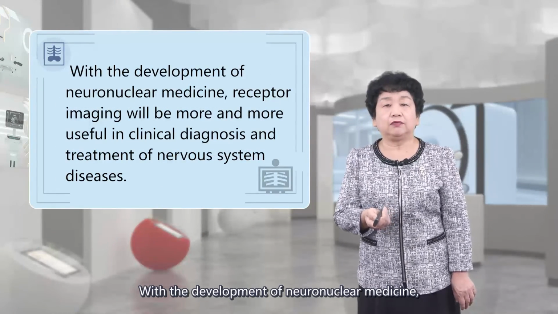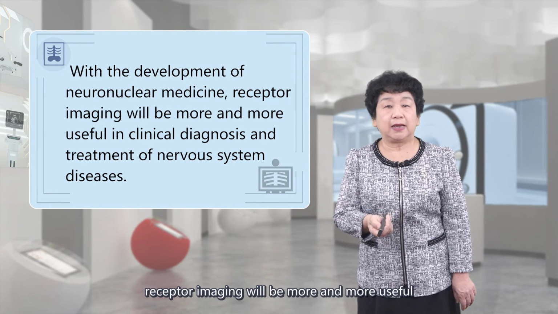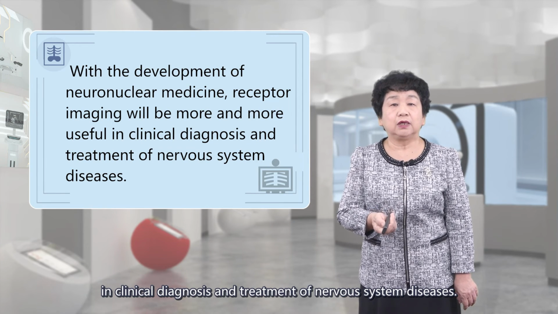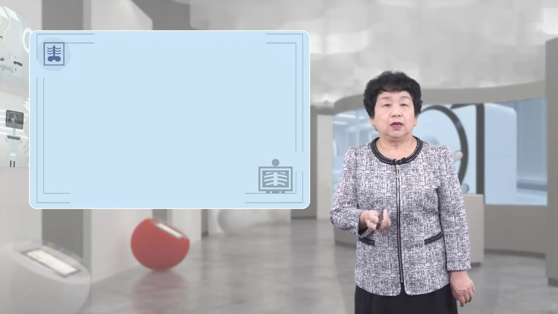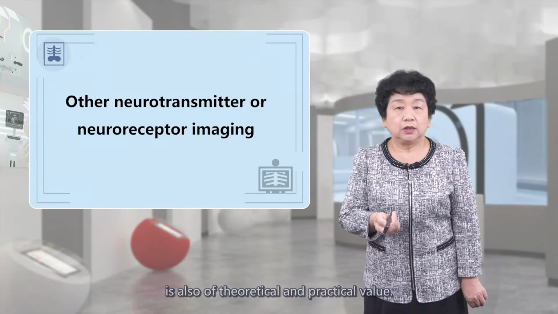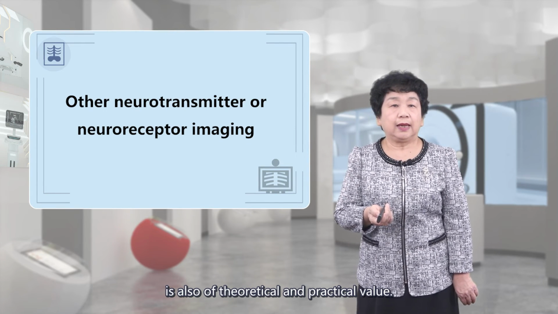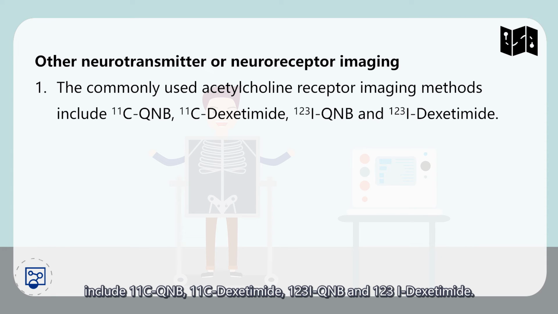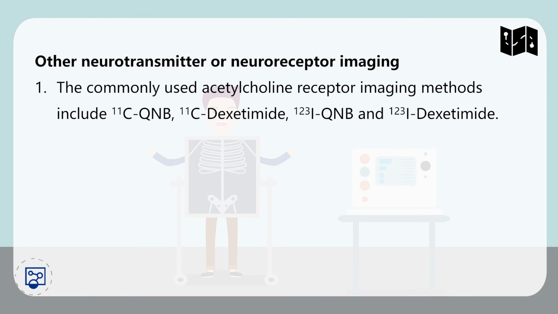With the development of neuronuclear medicine, receptor imaging will be more and more useful in the clinical diagnosis and treatment of nervous system disease. Other neurotransmitter or neuroreceptor imaging is also of theoretical and practical value. Commonly used agents include carbon-11 labeled QNB, carbon-11 labeled diacetmide, iodine-123 labeled QNB, and iodine-123 labeled diacetmide.